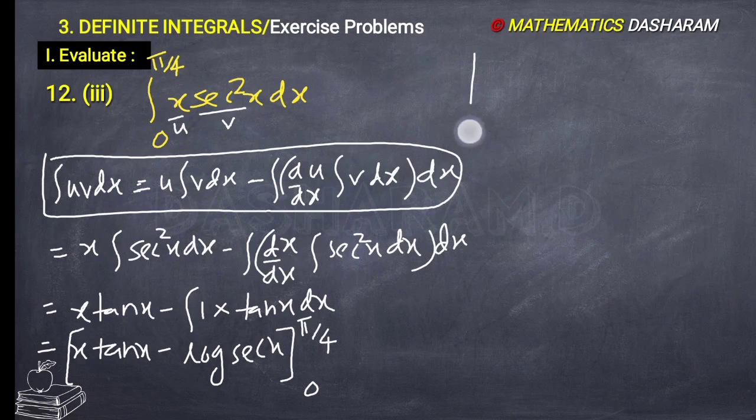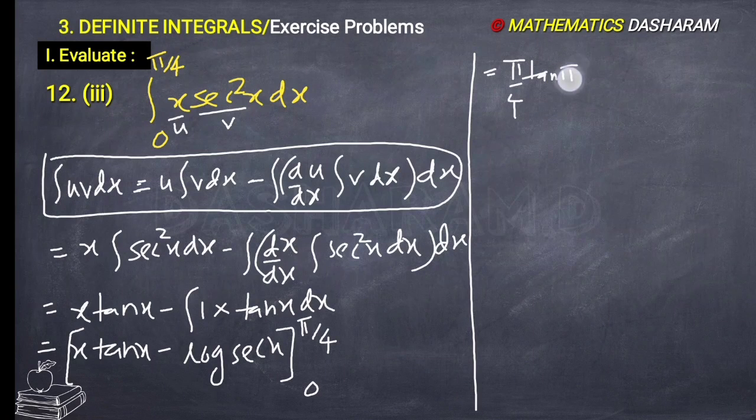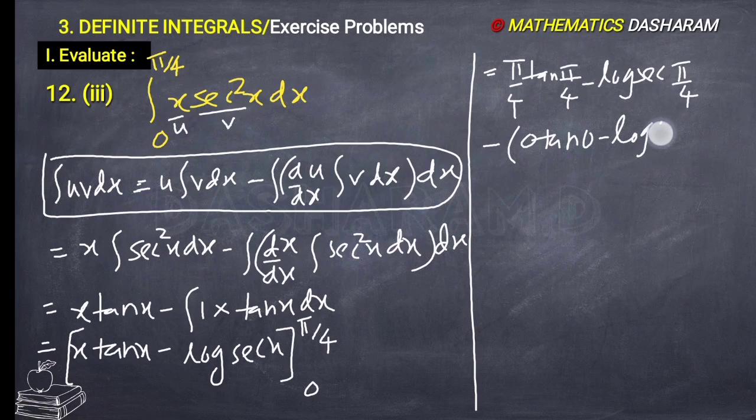So next substitute the upper limit. Upper limit is π/4: π/4 tan π/4 minus log sec π/4, minus, take the bracket, next substitute the lower limit: 0 into tan 0 minus log sec 0.